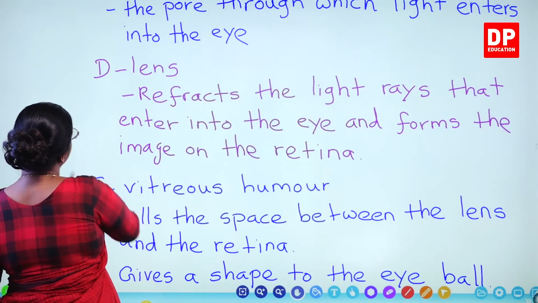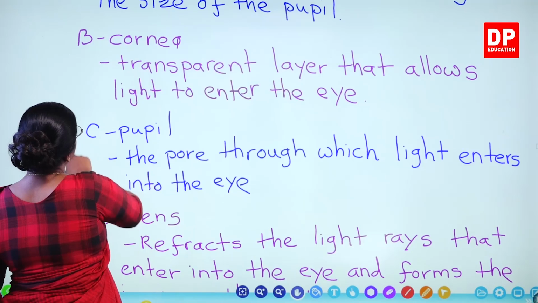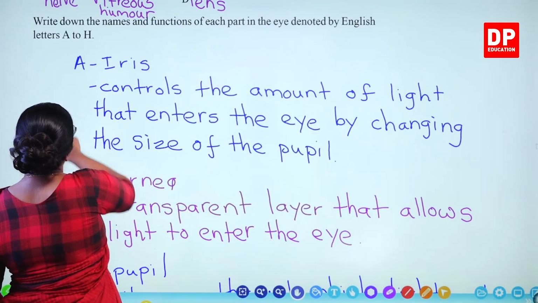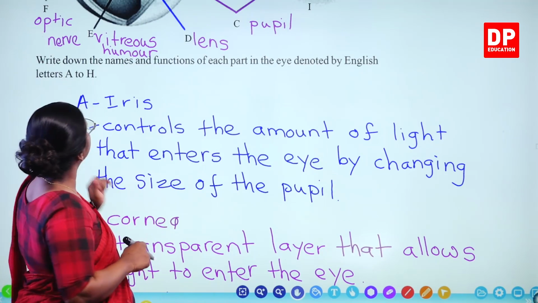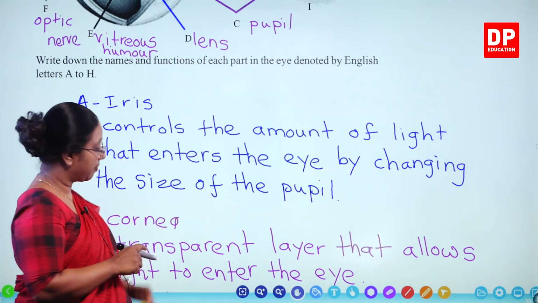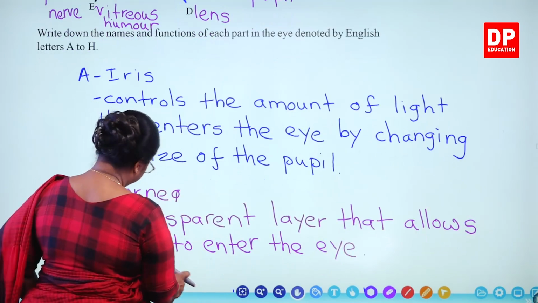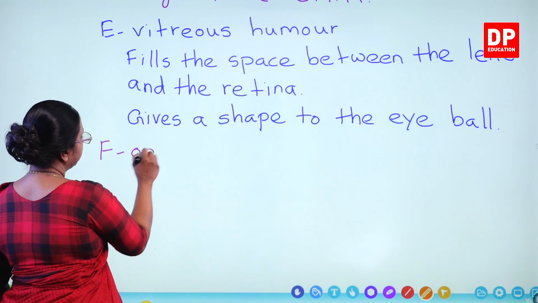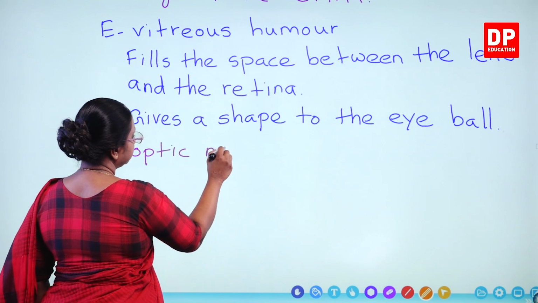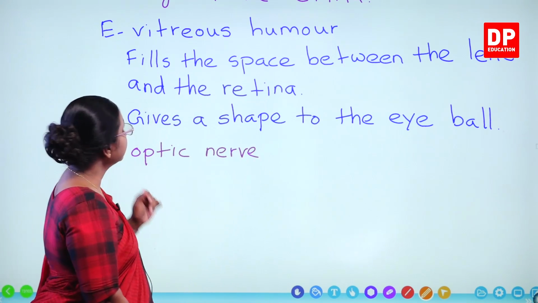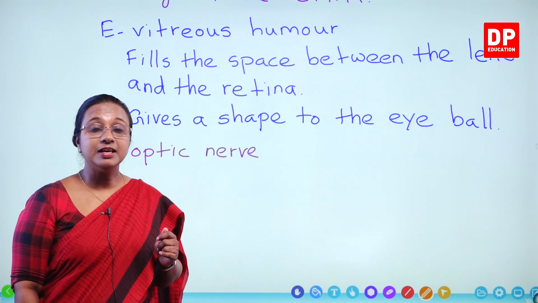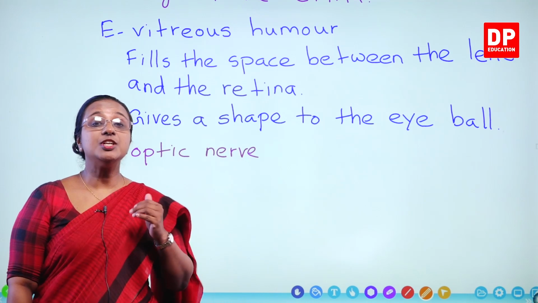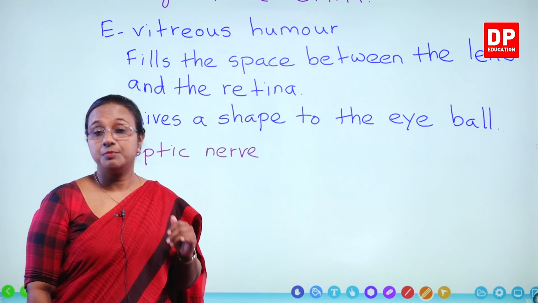Then after that, what do you have? After E, F, you can remember we identified it as the optic nerve. So F is the optic nerve. What is the function of the optic nerve? It transmits the visual impulses to the brain.